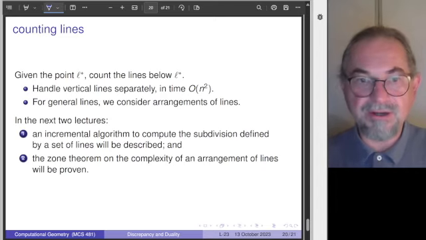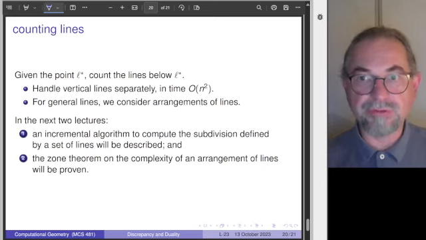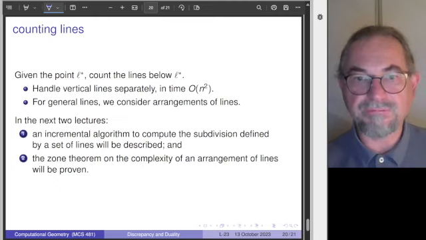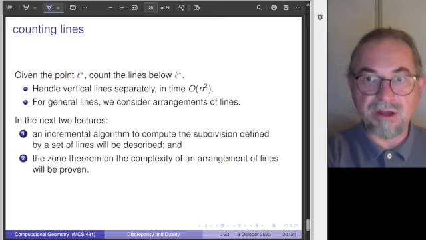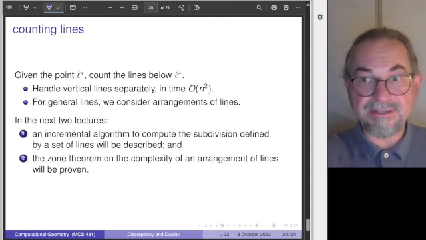We are proving at the end of the chapter the zone theorem, which is an important property of the complexity of arrangements of lines. If you have an arrangement of lines and you intersect it with a line, how many zones are affected in the subdivision? It will turn out that this is linear.